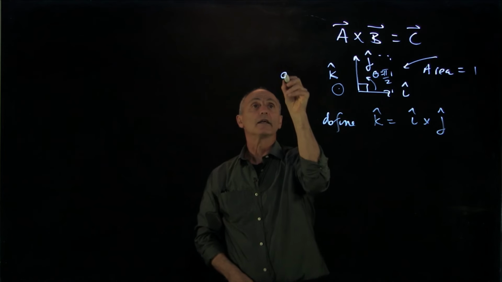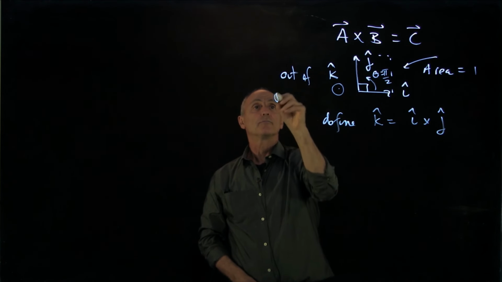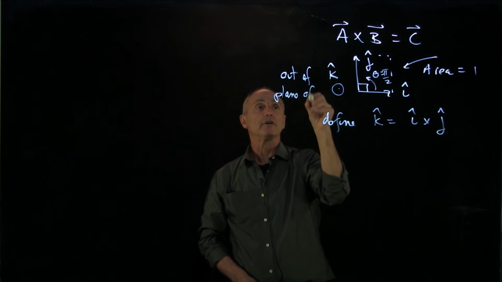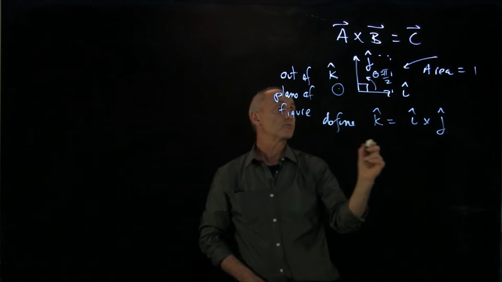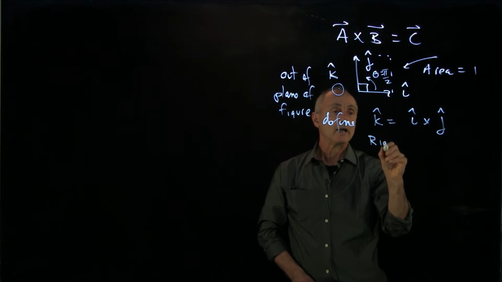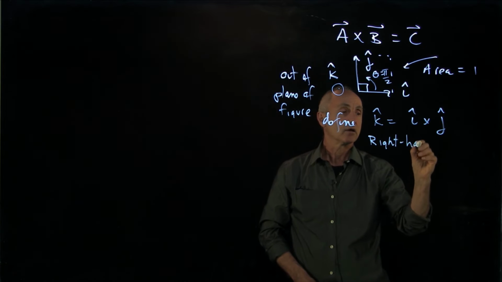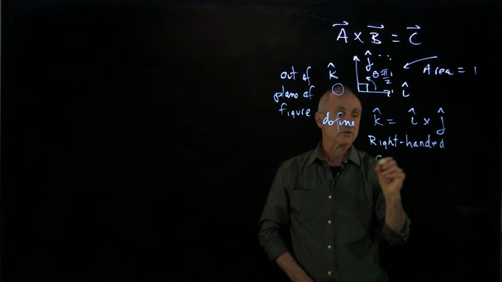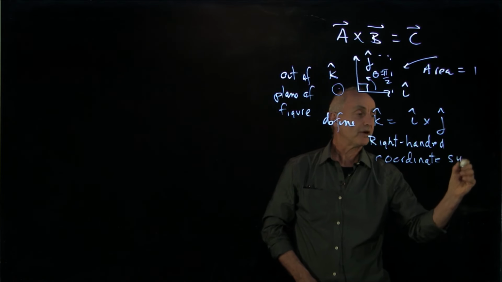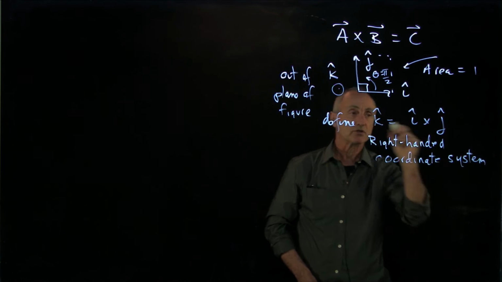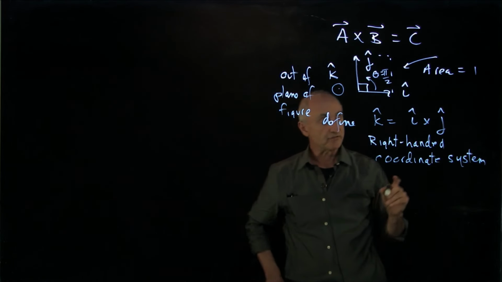And notice k hat is out of the plane of the figure. And because I used my right-hand rule, this is what we call a right-handed coordinate system.